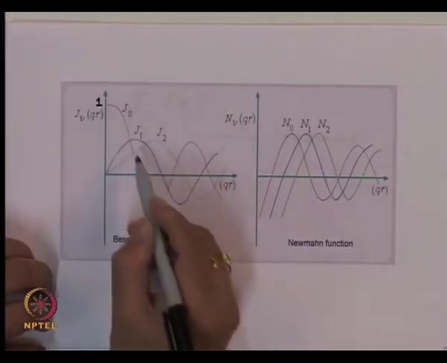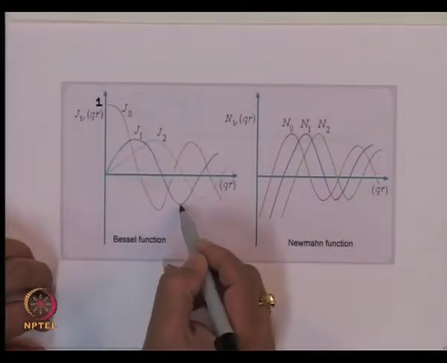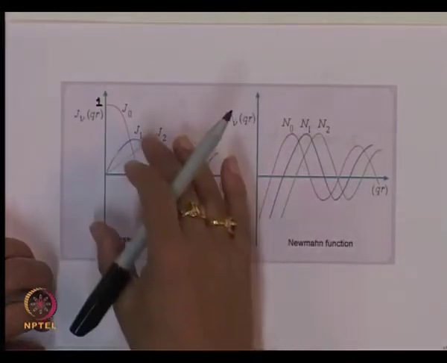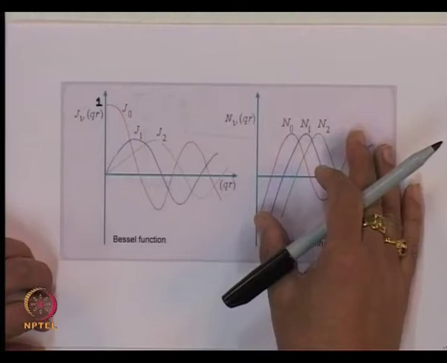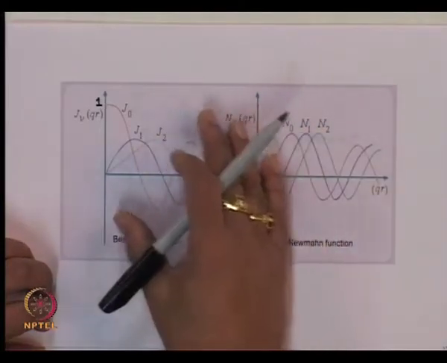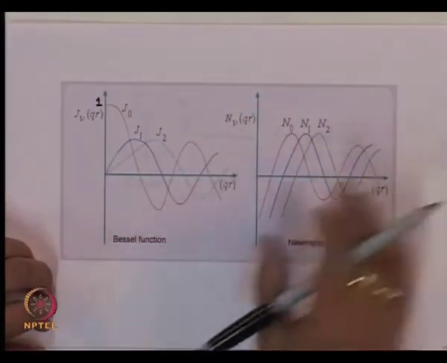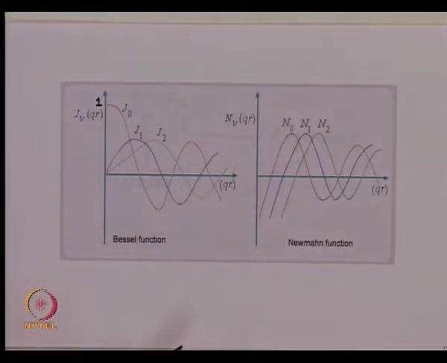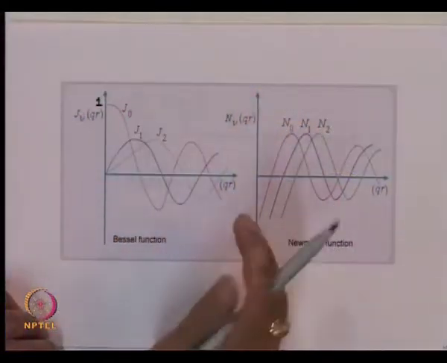So, they have a maximum, they go to 0, they become a negative maximum, 0, and so on. Both the functions J0, J1, J2 and N0, N1, N2, all these functions are oscillatory in nature. J0 as the argument goes to 0 has a value 1 and all other values are less than 1.